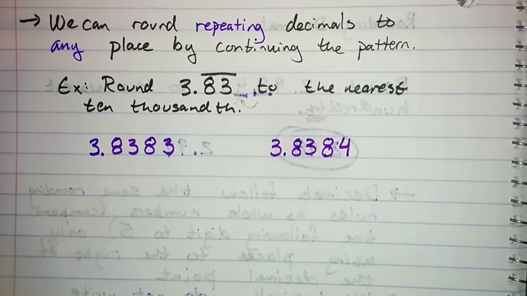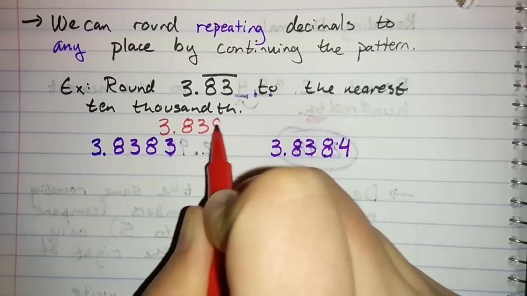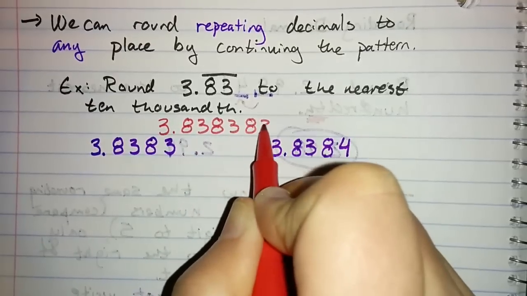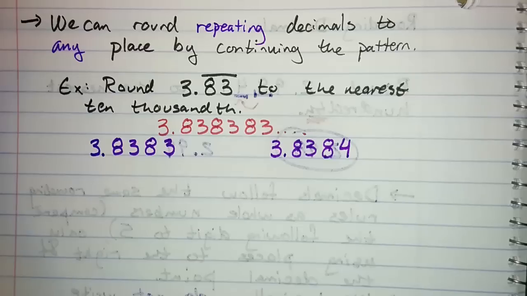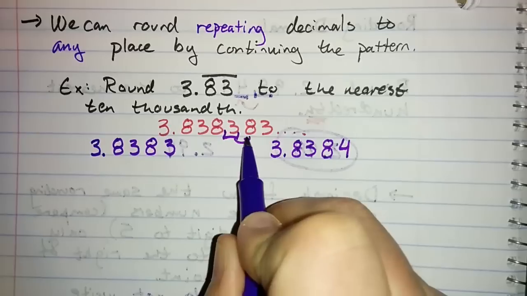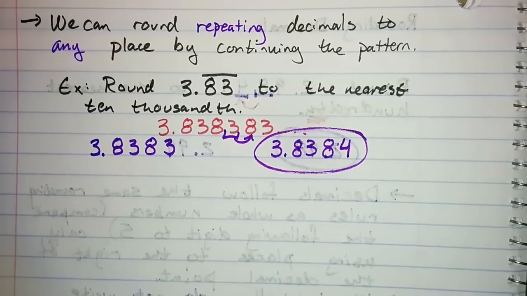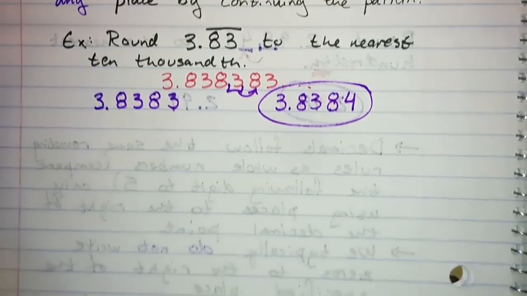These are the two ten thousandths that this number is between. This number is 3.838383, and so on. The pattern repeats. So, ten thousandths. The next place contains an 8. This rounds to 3.8384.